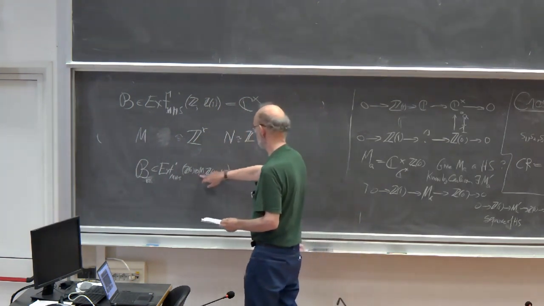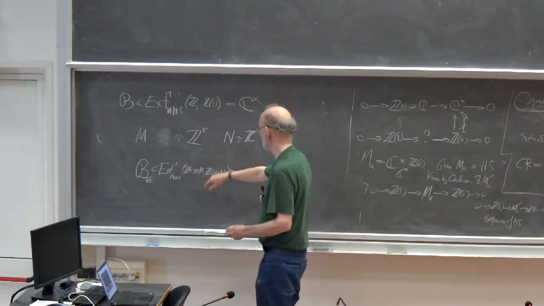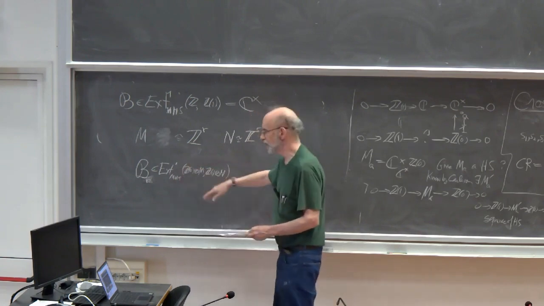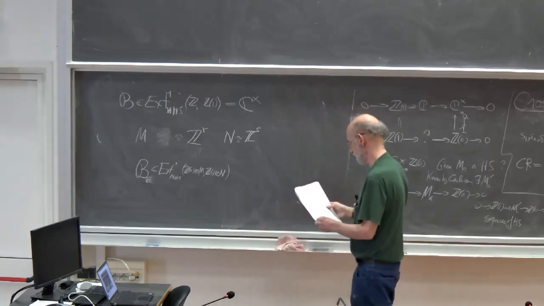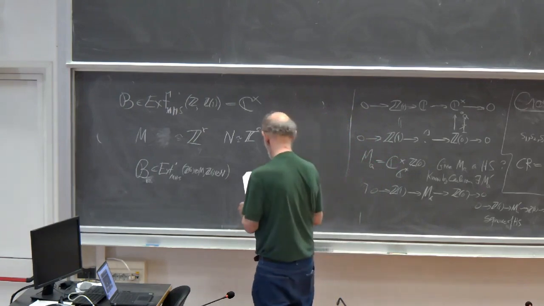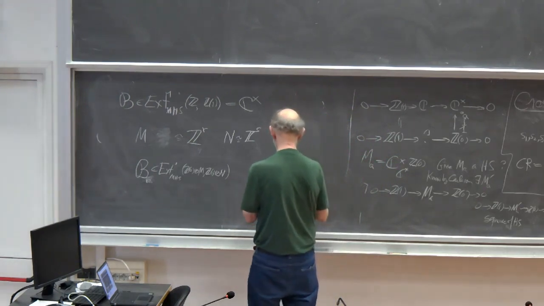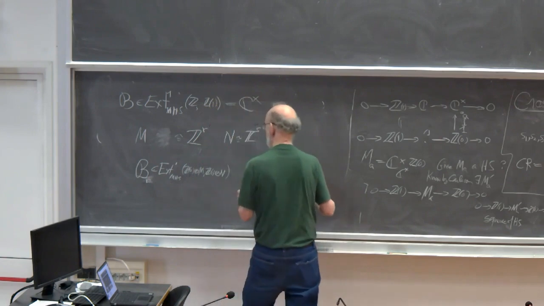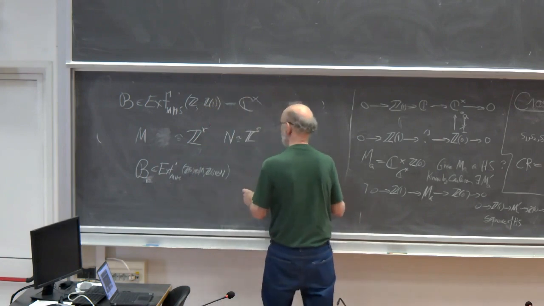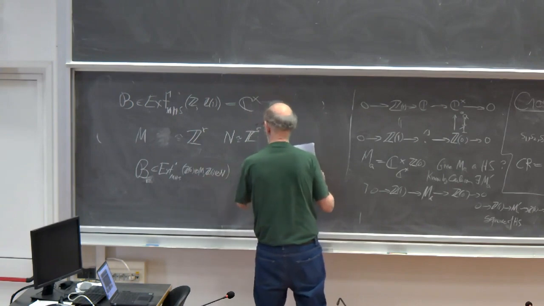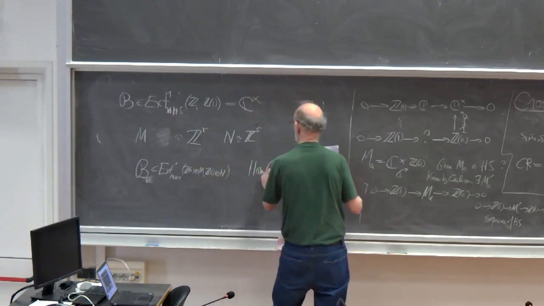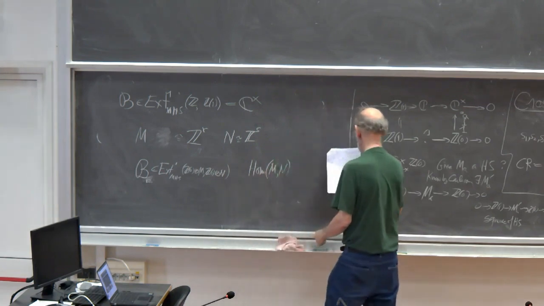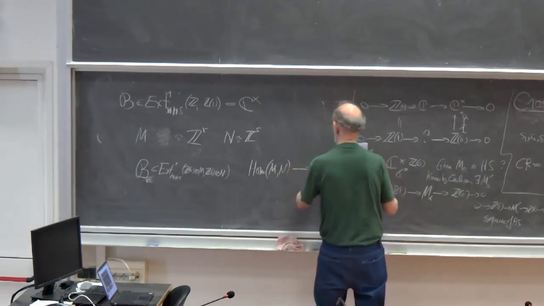So then I get just Z^r here and Z^s here. I'm not doing anything, but I get more copies of that. So what do I get? I claim that this gives me a map from Hom(M, N), just as free abelian groups, into C cross.